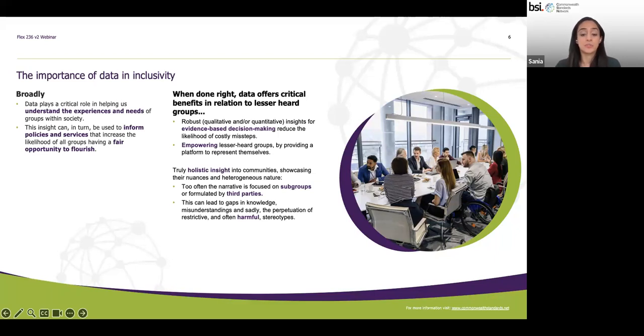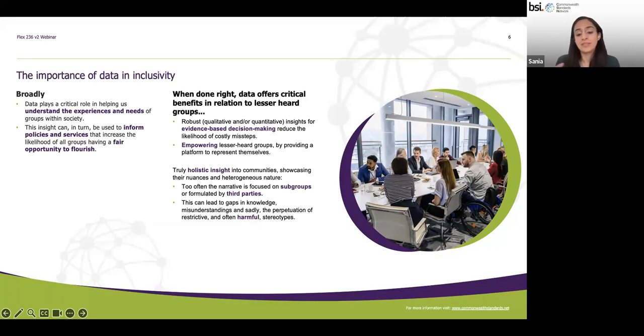And that's really important. That plus having holistic insight, because there are very many differences within a lot of diverse communities. They are inherently diverse in themselves. And often that narrative, though, is driven generally by particular subgroups. That might be because they're the ones that we know most about or are a focal point or are perhaps the loudest.